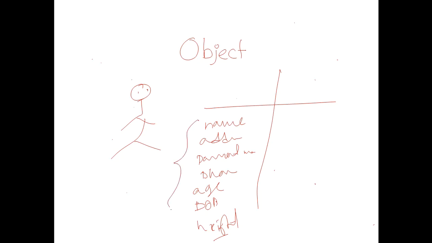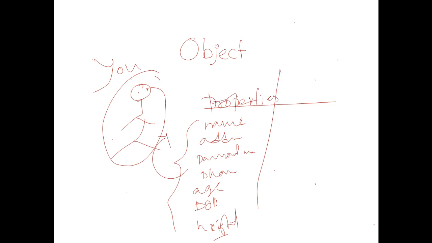So these are the information associated with the human being object. Any human being, suppose you as a human being. So this is called properties, or we can call it data.